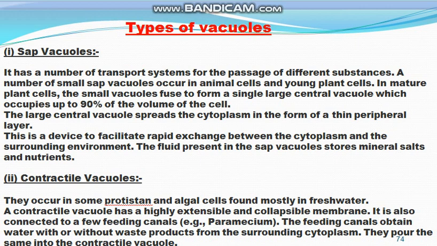So, what is a contractile vacuole? Contractile vacuoles occur in protists and in algal cells which are present in fresh water, and the membrane of the contractile vacuole is very collapsible and extensible. So it obtains water with waste products from the cytoplasm, and this water and waste products enter the contractile vacuole.